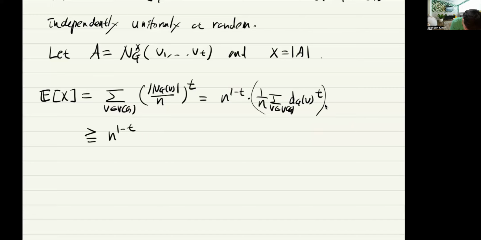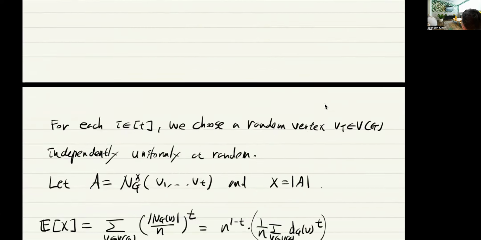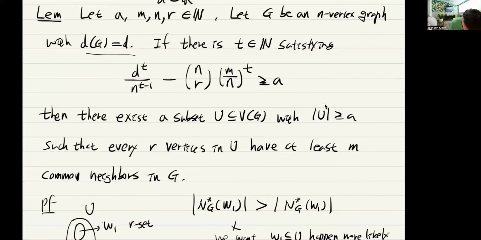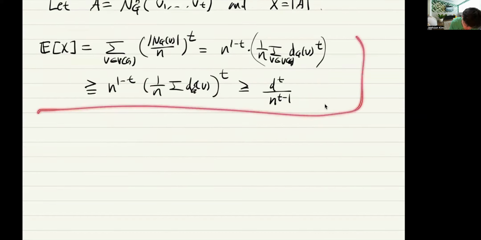Like you take the average and then apply the function. If every degree was d, you have d to the t over n to the t minus 1. So this is d. So you get this.